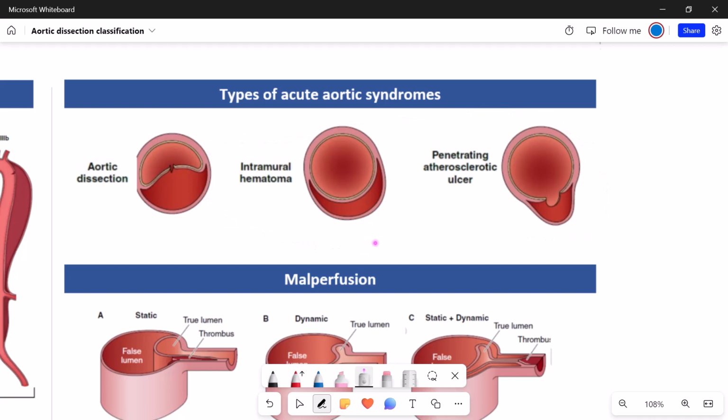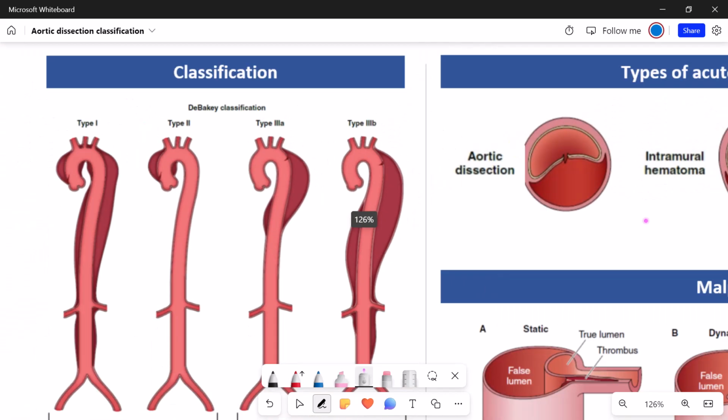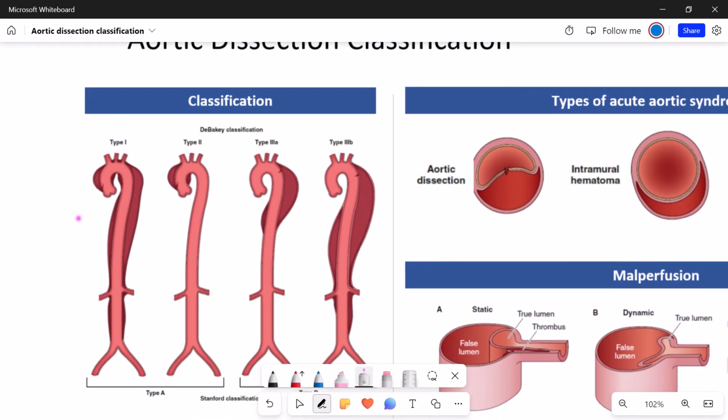Management is by putting a covered stent, either TEVAR or EVAR, basically with this acute aortic syndrome, which has these three varieties. It's very important also to have the classification. Here is a nice drawing that will put a stamp for the classification and also the DeBakey classification.